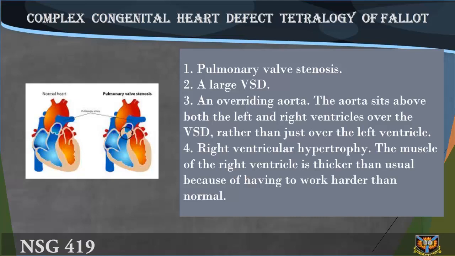An overriding aorta. The aorta sits above both the left and right ventricles over the VSD rather than just the left ventricle. 4. Right ventricular hypertrophy. The muscle of the right ventricle is thicker than usual because of having to work harder than normal.